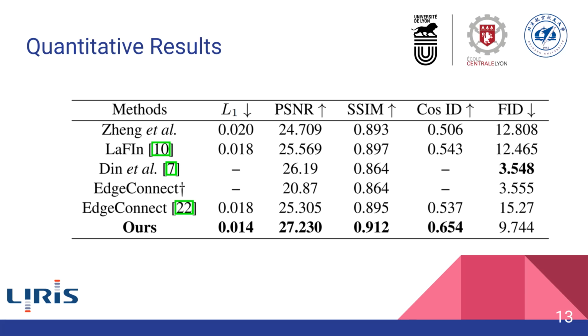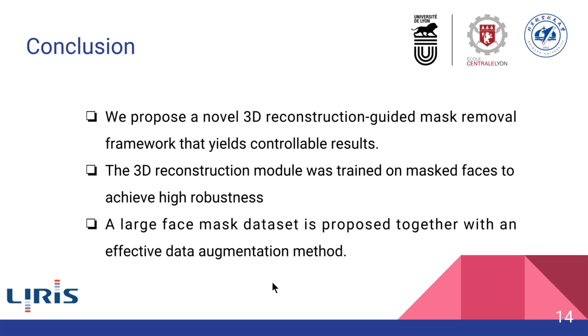The face restoration ability is evaluated by the L1 loss, PSNR, SSIM, cosine similarity of the identity feature, and the FID. As can be seen, our method outperforms others in all metrics except the FID, where Ding et al. reported a much better result. We have discussed this in detail in our paper.